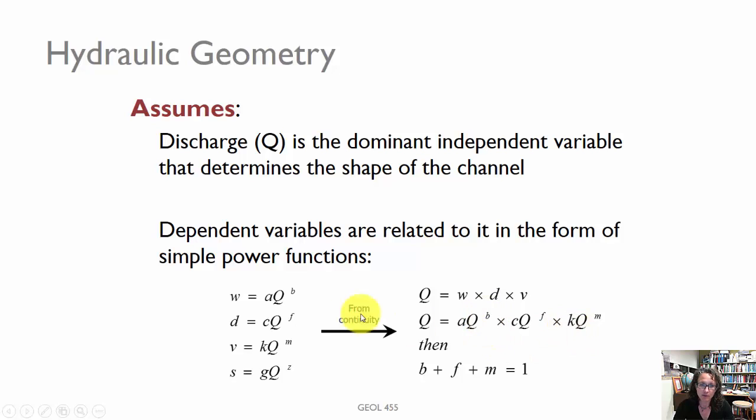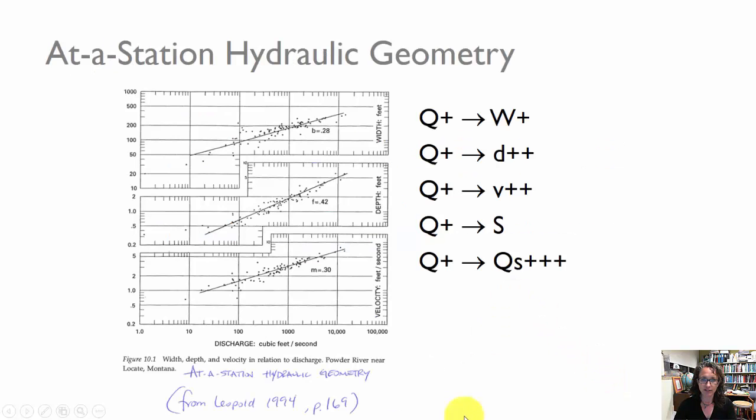So we know that the exponent of the width hydraulic geometry equation plus the exponent of the depth equation plus the exponent of the velocity equation have to sum to 1 so that Q can equal Q. A little nuance of hydraulic geometry.